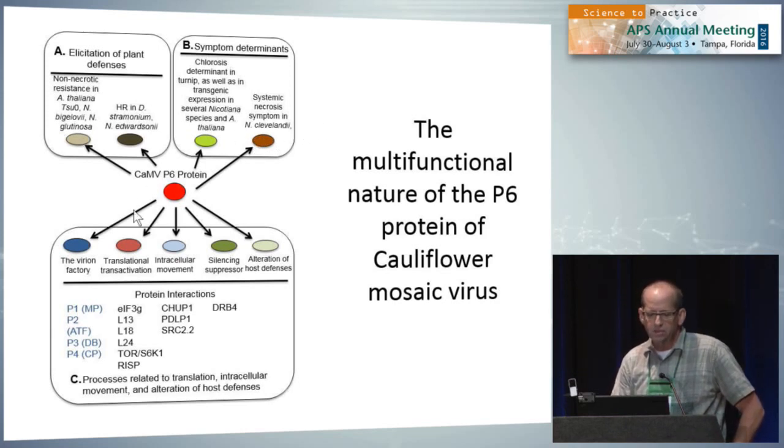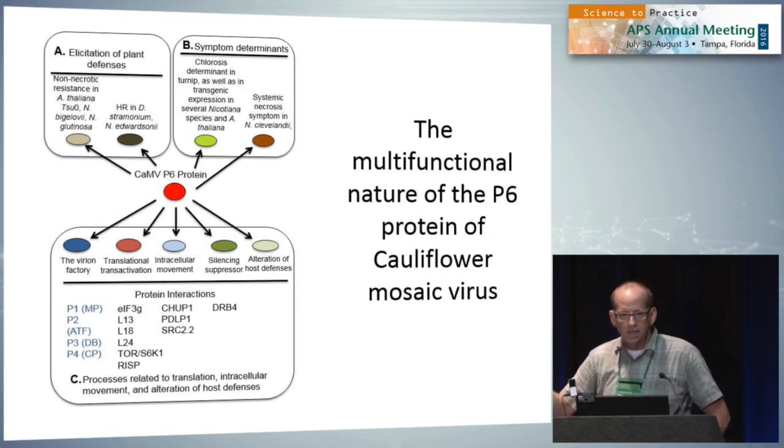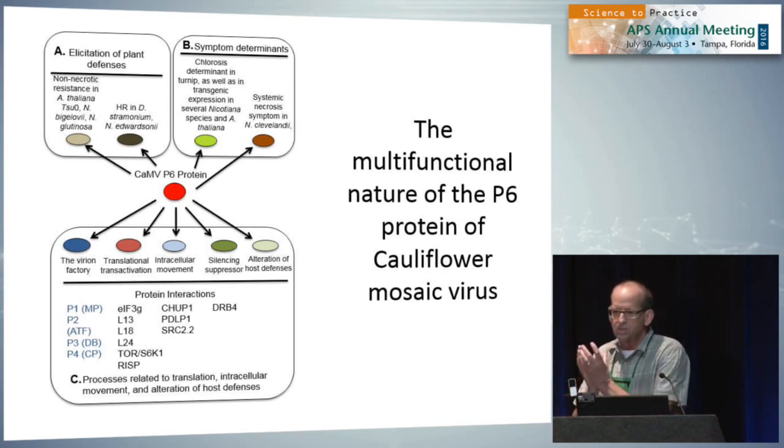But P6 also does a number of things in the viral infection cycle. It's a virion factory, and I think people are really keying in on this idea that viruses form these virion factories. I would argue that they're kind of like pathogen organelles, like a chloroplast. We should start to think about what these pathogen organelles actually are. P6 is a pathogen organelle.